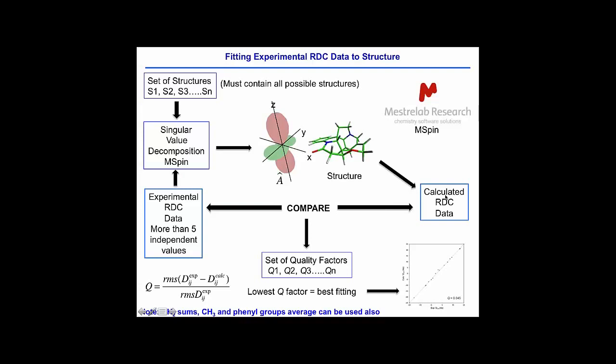The calculated RDCs will be compared with the experimental, and this comparison is done by this Q factor. If the calculated RDCs are identical to the experimental values, Q is 0, but it's never 0. The reason is that you have errors when you measure your RDCs, and also you have structural noise.